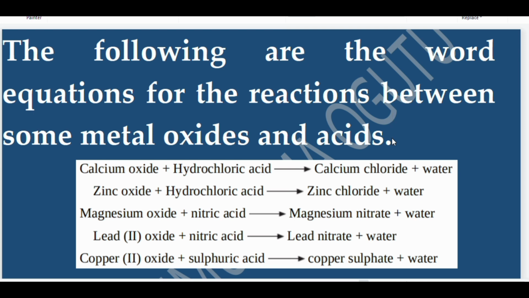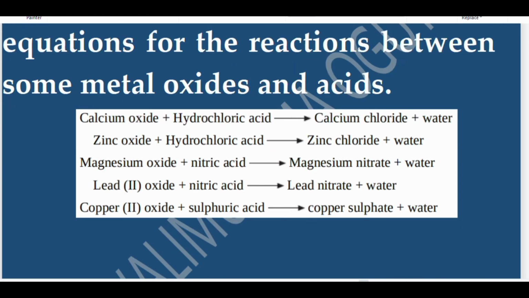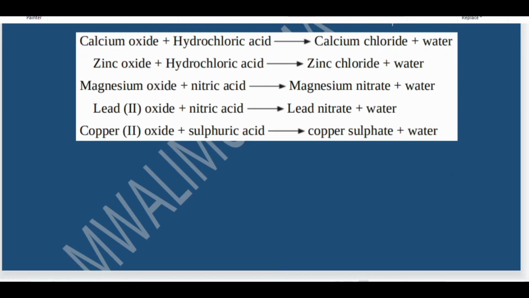Zinc oxide and hydrochloric acid form zinc chloride and water. Magnesium oxide reacting with nitric acid gives magnesium nitrate and water. Lead(II) oxide reacting with nitric acid gives lead nitrate and water. Copper(II) oxide and sulfuric acid give copper sulfate and water.